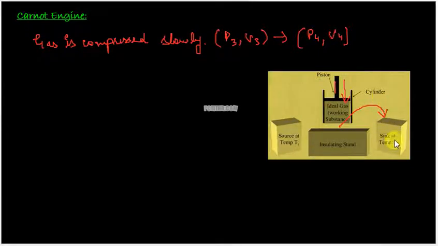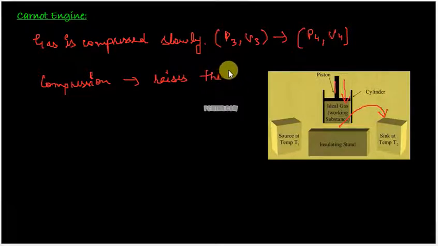But we have placed the cylinder on the sink, so it is going to reject the heat so that the temperature again remains constant.